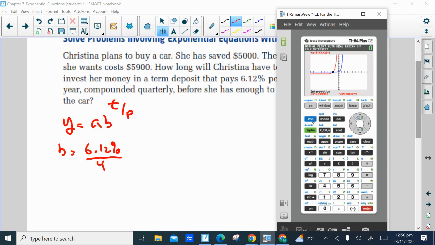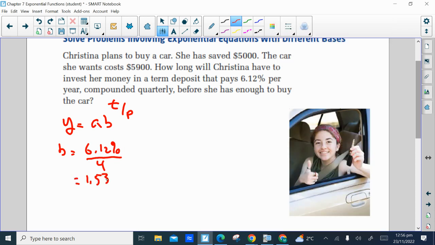So that's the first thing we need to do. 6.12 divided by 4 is 1.53%. And so as a decimal, divide by 100, you'll get 0.0153. Now in this case, her money is going to grow, so she has what she started with plus 0.0153 more every quarter.